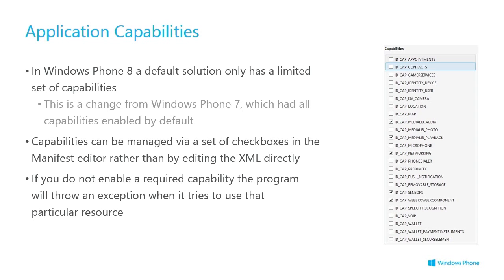But now the full list of capabilities is shown there, but you have to go in and check the ones that you need. This is now a manual thing. There's no automatic setting of these that we used to have. And if you try and run an application and access one of the APIs that's linked to some of the resources, you'll get an exception at runtime when it tries to use that particular resource. So if you don't check the camera and you try and use it, then you get an exception.